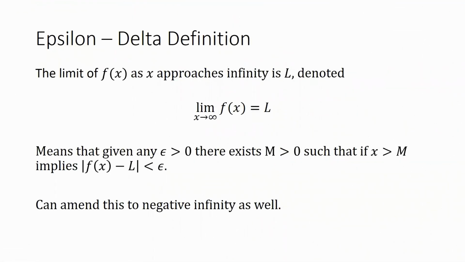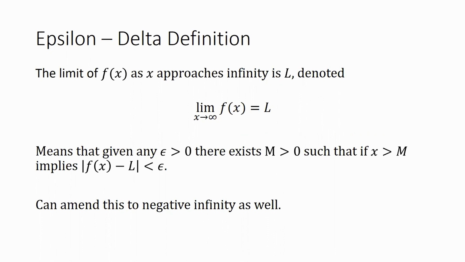Just like the limit being infinity, we can also have an epsilon delta definition for the limit as x goes to infinity. It's slightly different. It means that given any epsilon greater than 0, there exists a big enough M such that if x is bigger than M, then the function minus L is less than epsilon.